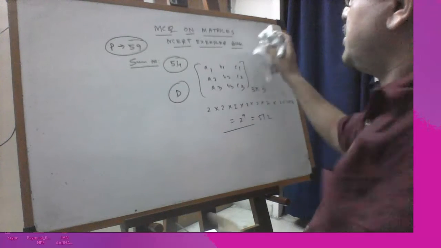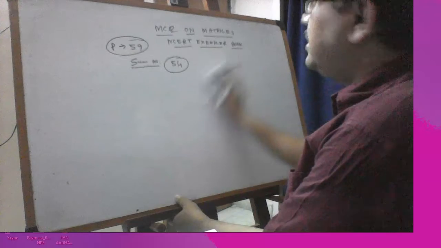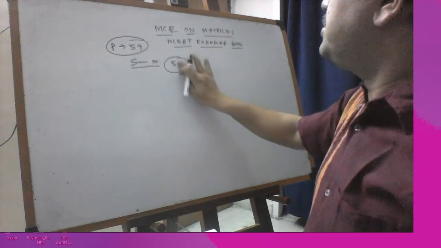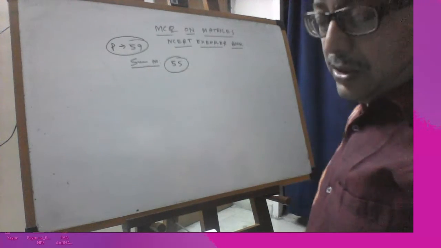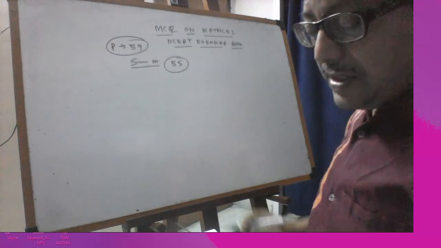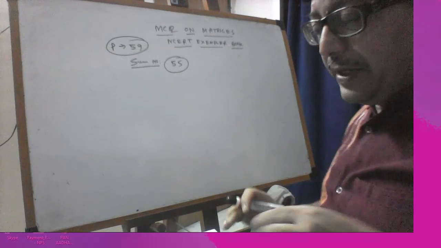Now let us go for sum number 55. Here you can see that the values of the variables are required. On comparison we can get it. What are you going to compare?